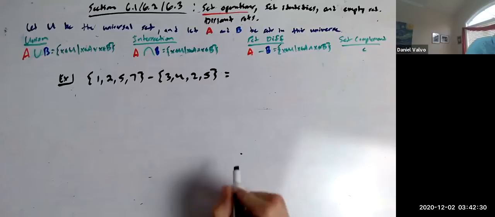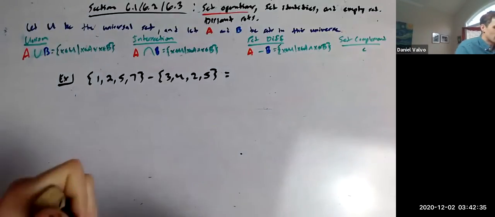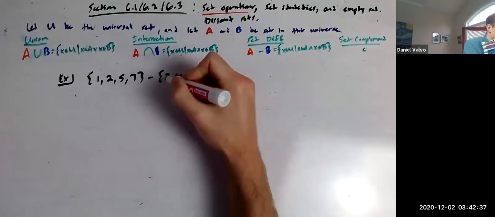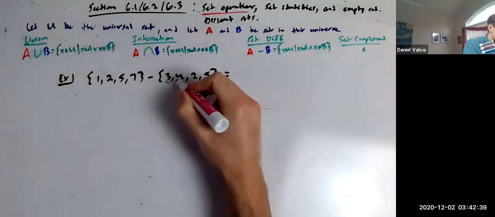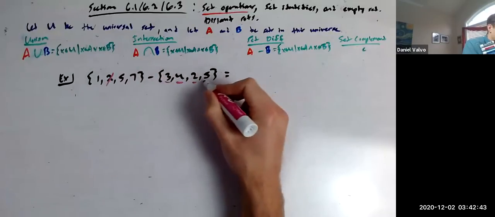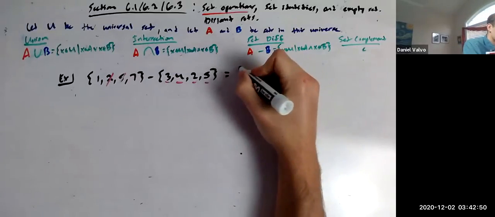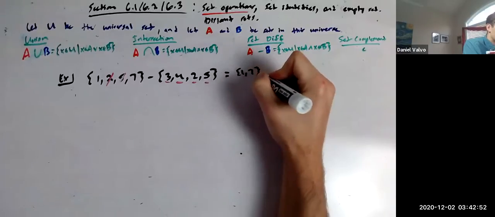You go through it: it's going to be 1, 2, 5, 7, but I want to get rid of everything that shows up in the second set. No 3s, so you don't have to worry about it. No 4s, don't have to worry about it. 2 shows up, and 5 shows up, so I take this step and get rid of everything that's in this set. And so this leaves us with {1, 7}.